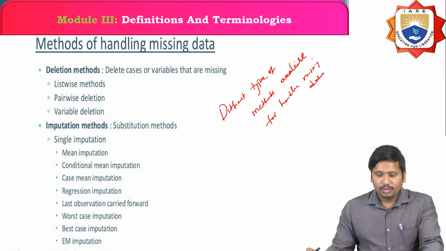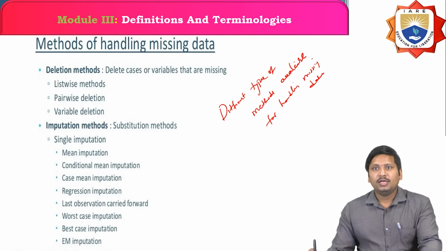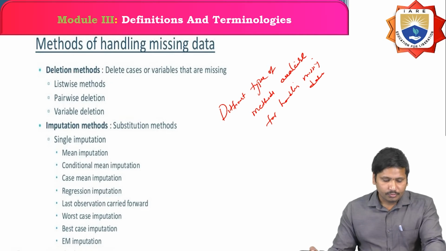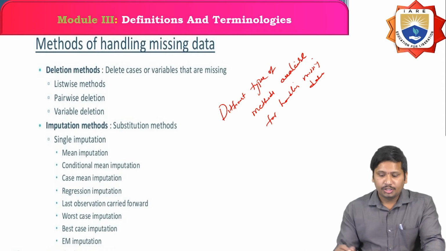This is a very important question. There are two types of methods: first, deletion methods, and then imputation methods. Imputation methods are also known as substitution methods. Deletion methods mean the cases or variables that are missing are deleted, and imputation methods are substitution methods.